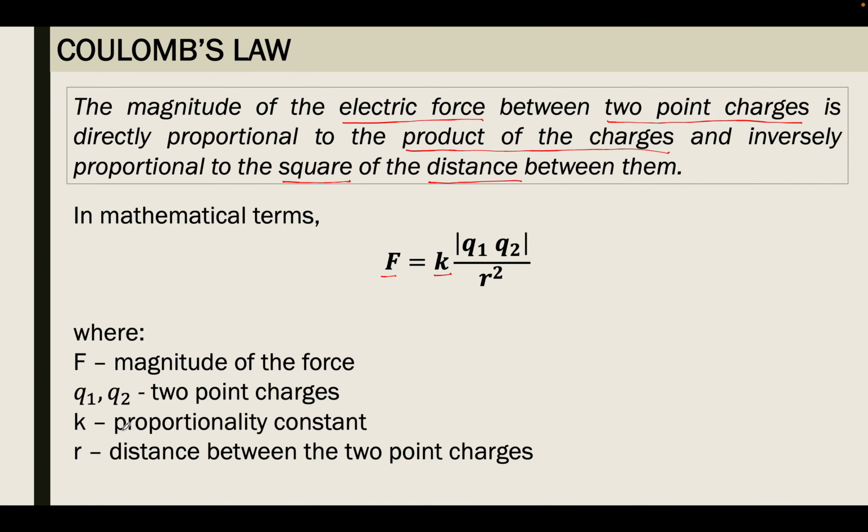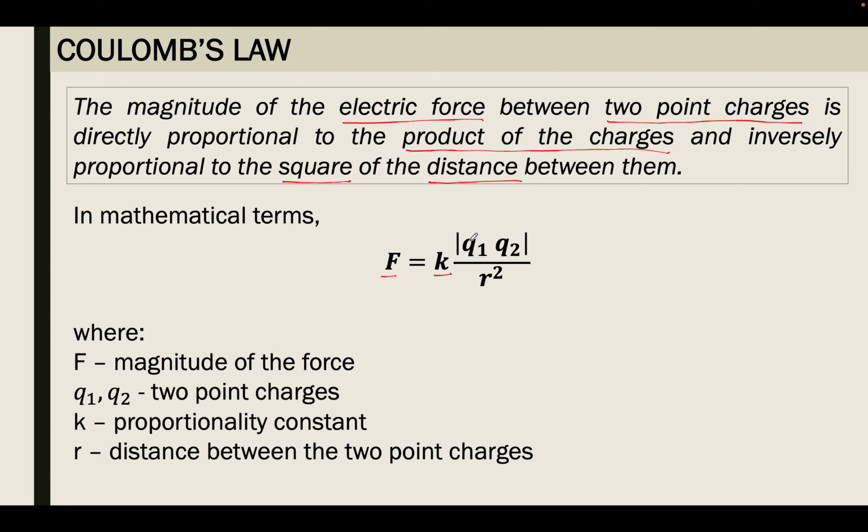Okay. So since F is the magnitude of the force, as you can see here, Q1 and Q2 is enclosed in an absolute value nga bar. So magnitude raman ta without the direction of the force. So that's why our product of Q1 and Q2 must be always positive. Okay.